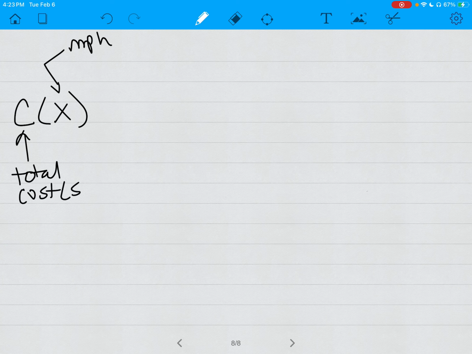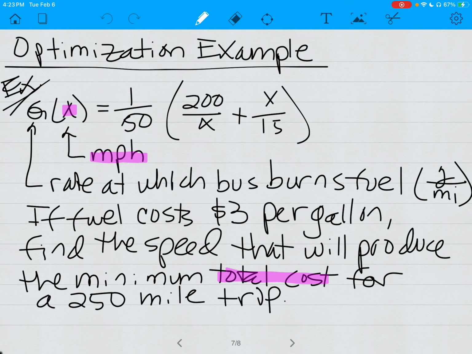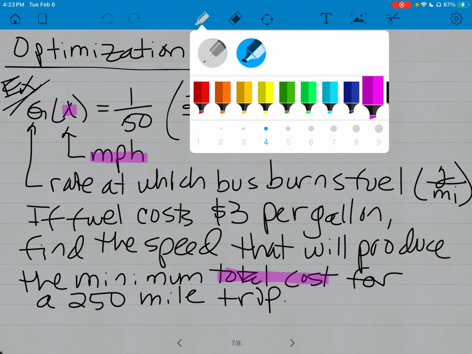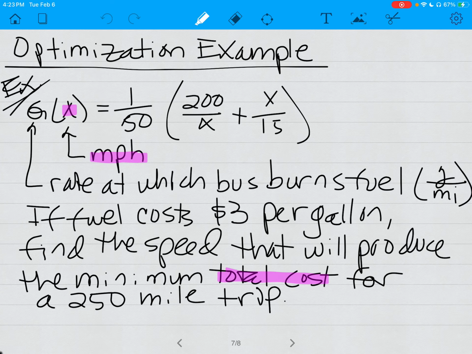cost in dollars. So what we're going to do here, we're going to take this function that we're starting with, and then we know that fuel costs $3 per gallon, but this function represents gallons per mile.